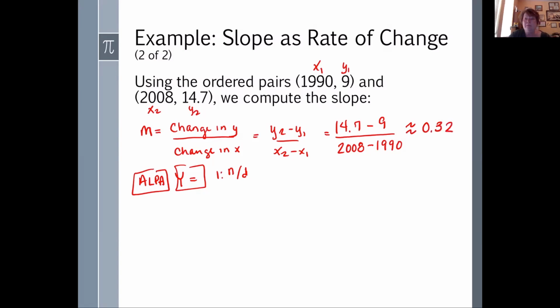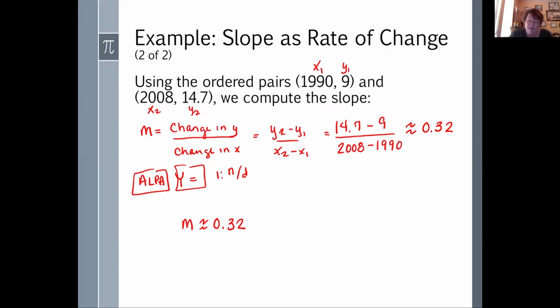Okay, so what's this mean? All right, so the change in y represents the change in the number of men living alone in millions.